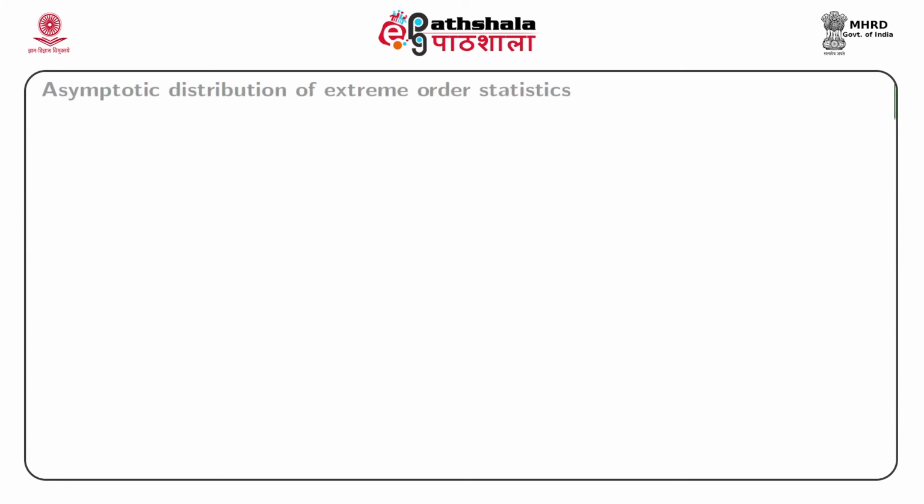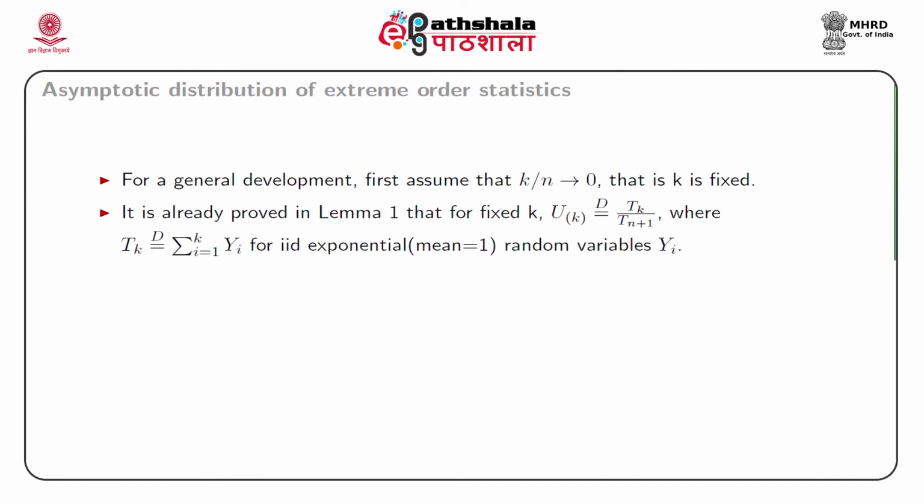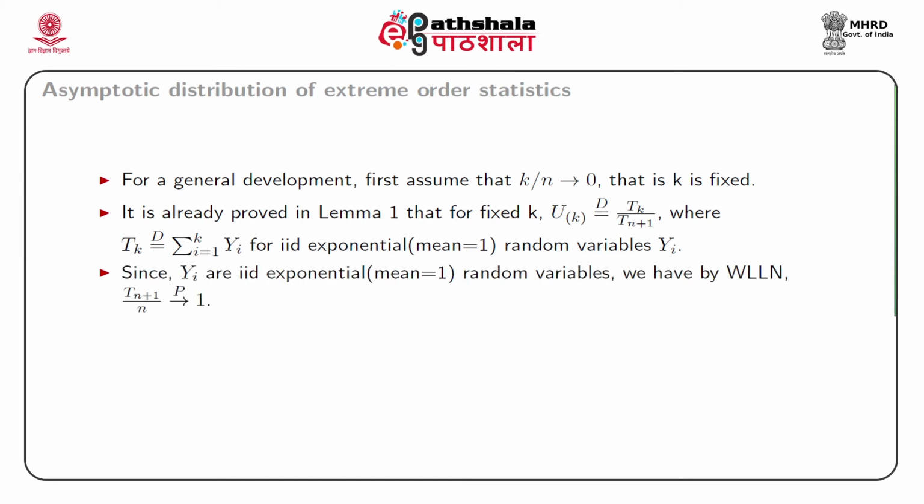Now, for a general development, first assume that k/n tends to 0, that is, k is fixed. It is already proved in Lemma 1 that for fixed k, U(k) and Tk/T(n+1) have the same distribution, where Tk is the partial sum of Yi from 1 to k, and Yi are IID exponential random variables with mean unity. Since Yi are IID exponential random variables, we have by the weak law of large numbers that T(n+1)/n converges in probability to 1.